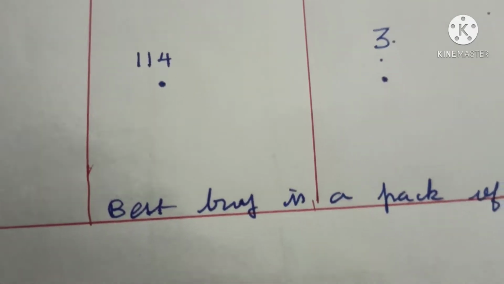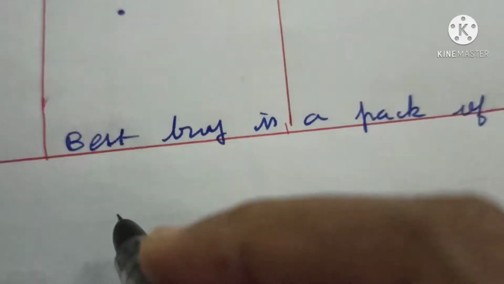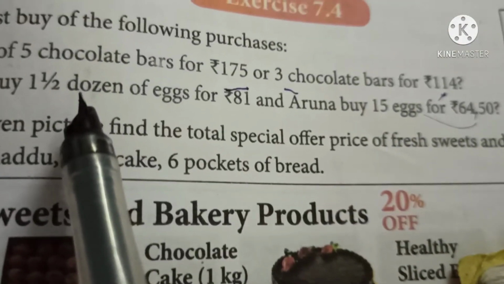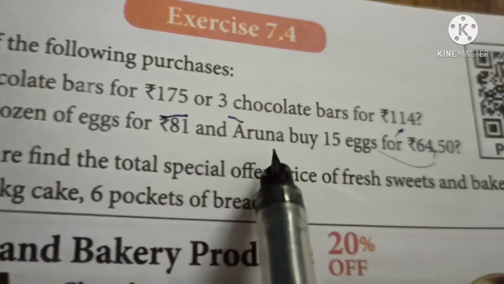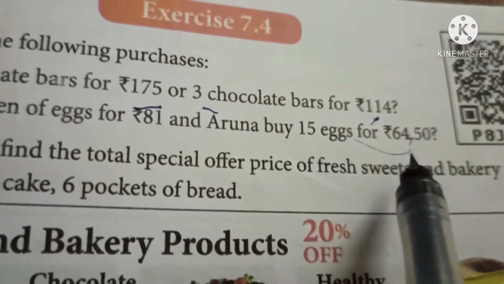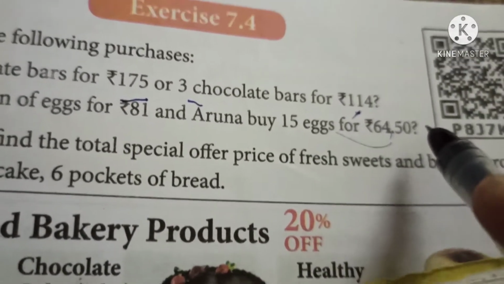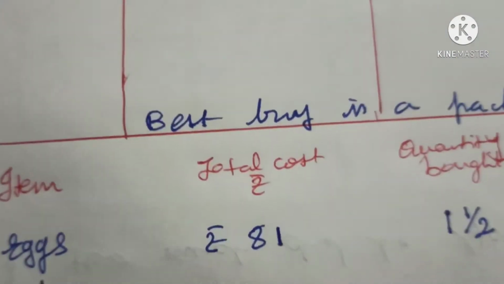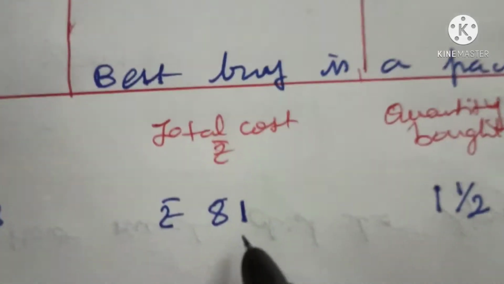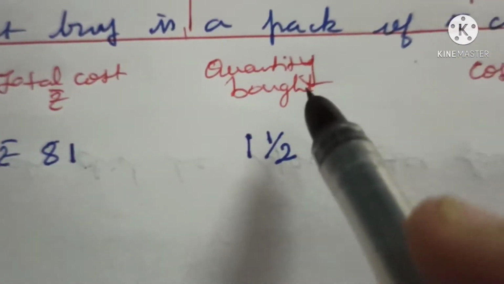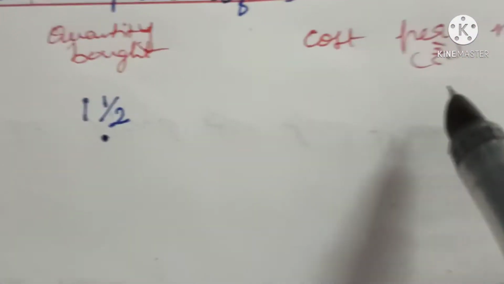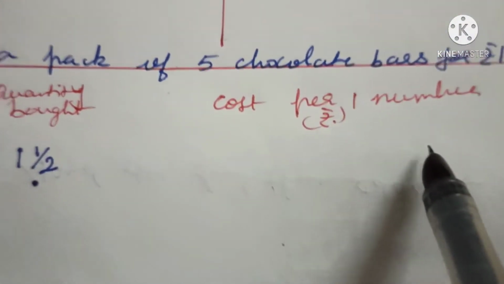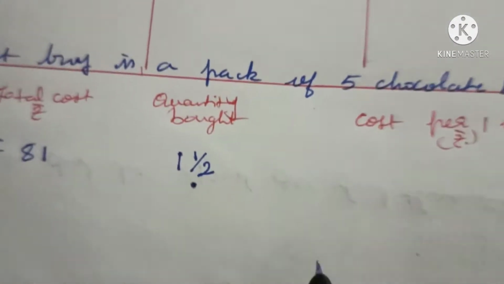eggs. A basket buys one and half dozen of eggs for rupees 81 and Aruna buys 15 eggs for rupees 64.50 paisa. So item is eggs and the total cost is rupees 81. Quantity bought is 1 and half dozen. And then we have to find out the cost per egg.